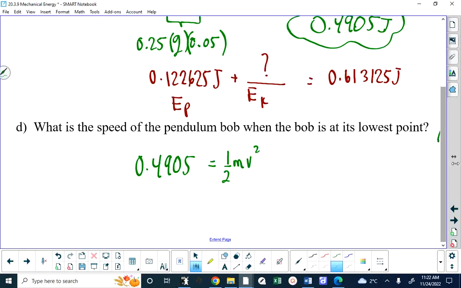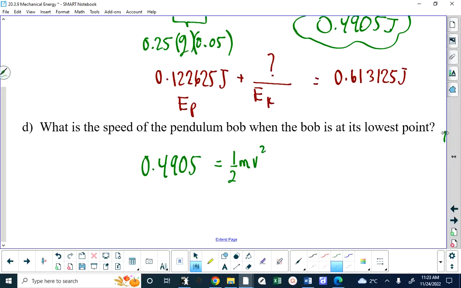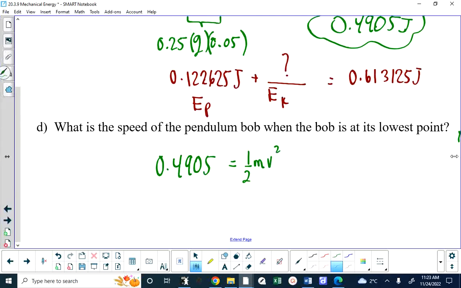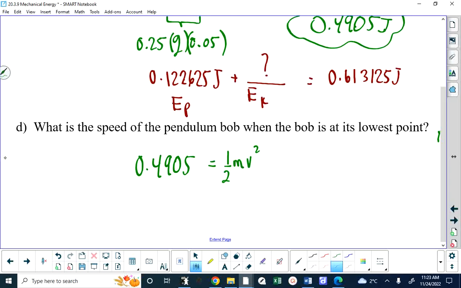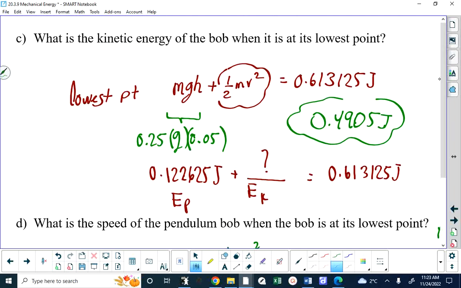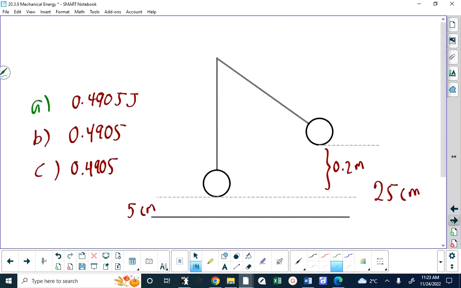And whether we get it by going through this whole process or being clever about it and using the lowest point as 0, doesn't matter.